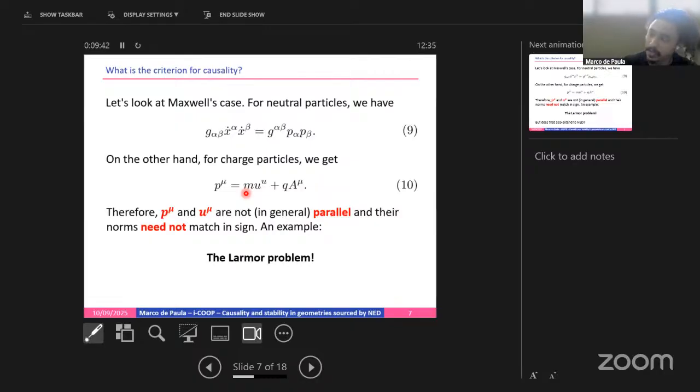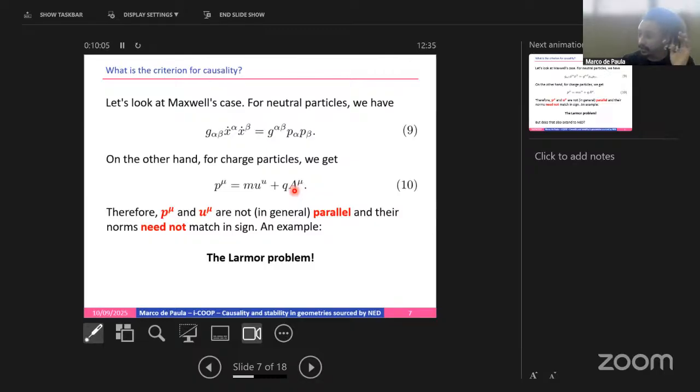And this happens because if you look at equation 10, we have this contribution here, which is the product between the charge of the particle and the components of the full potential vector. And this allows us to have these kinds of situations when we work with charged particles in linear electrodynamics.